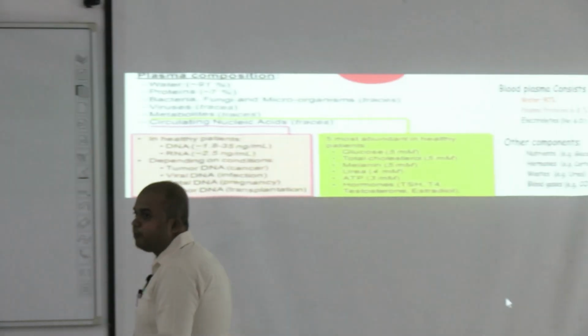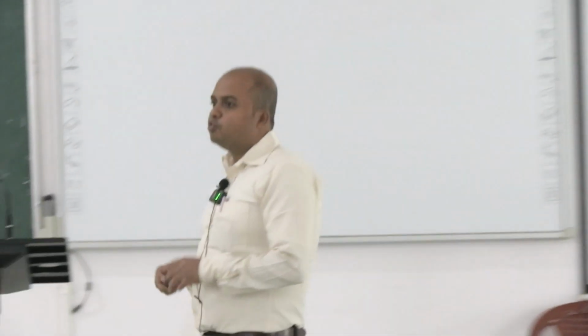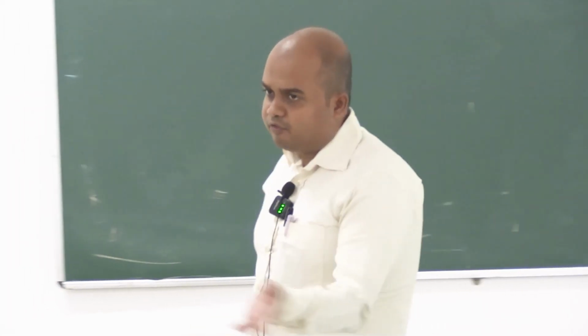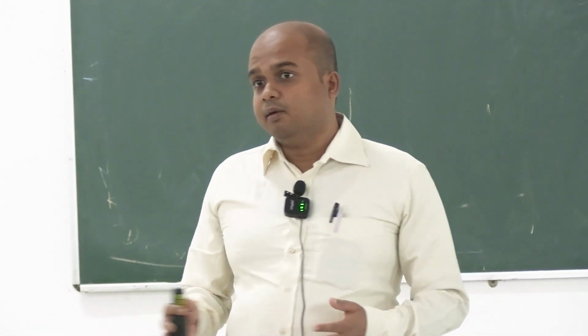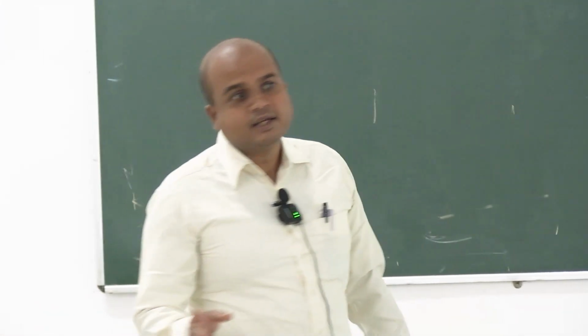And the composition of plasma: mostly it is water, more than 90%, around 92%, and the rest is mostly plasma proteins, most of which is albumin. The most abundant plasma protein is albumin; others are globulin and fibrinogen.